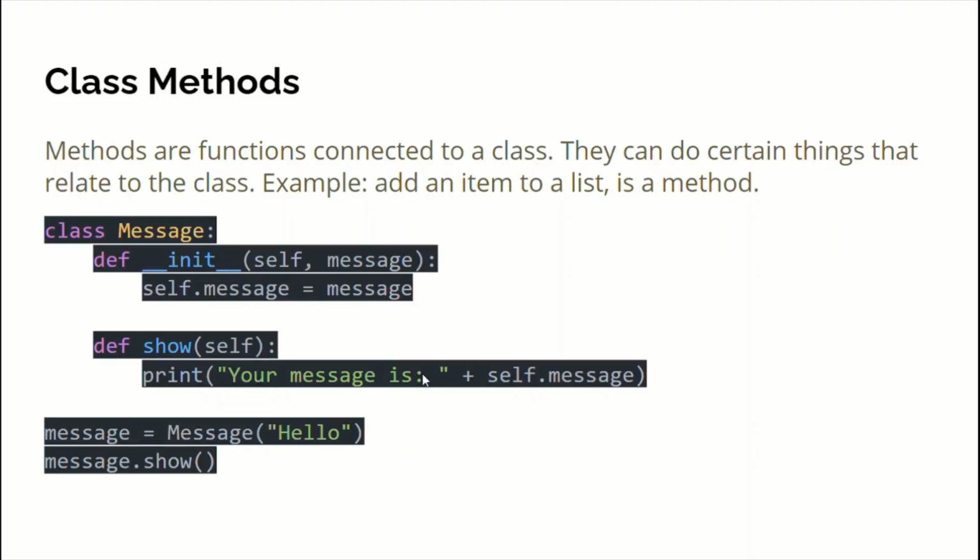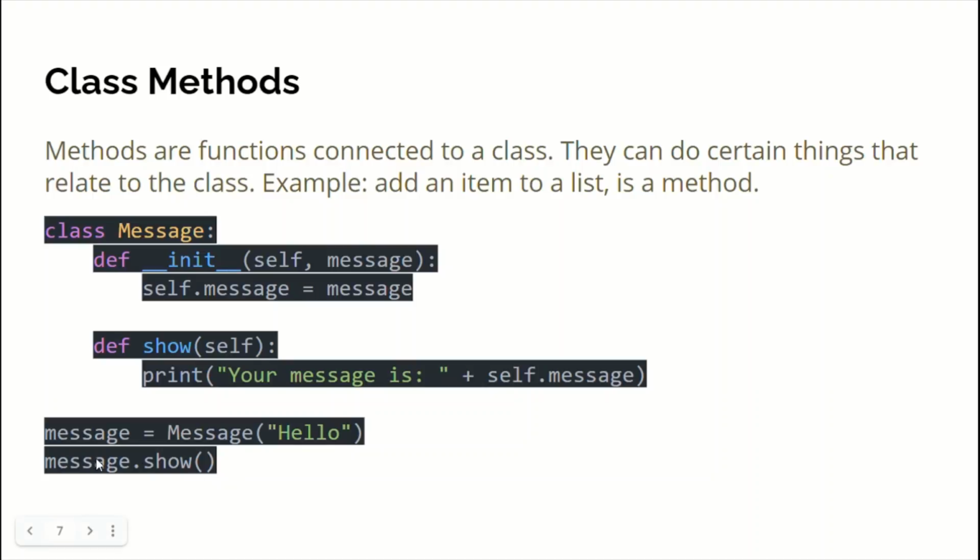So here we created an instance called message. So message is equal to Message, which is the name of the class, and then a set of regular parentheses, and the message that was entered here was hello. Now we're going to look at how to call these class methods.